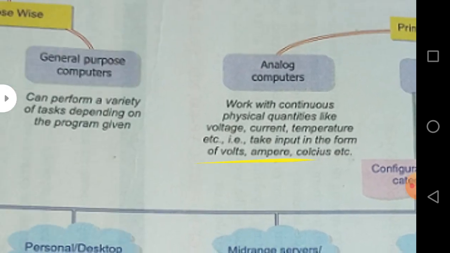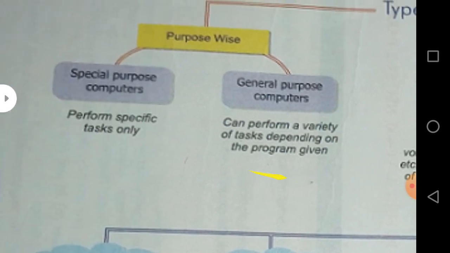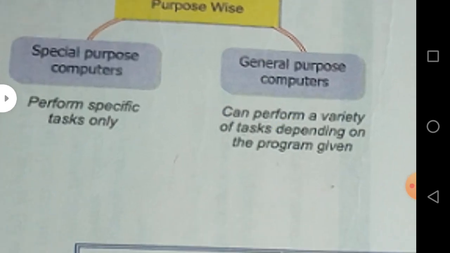According to purpose, computers can be divided again into two parts: special purpose computers and general purpose computers. Special purpose computers are those which perform specific tasks only, and general purpose computers can perform a variety of tasks depending on the program given.